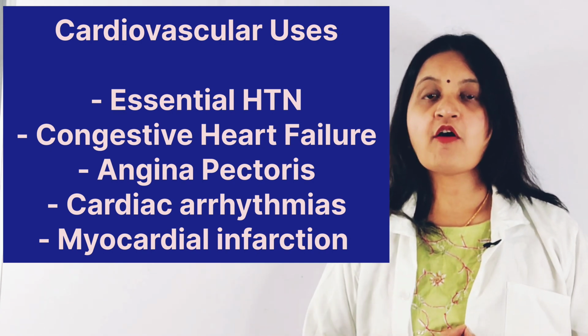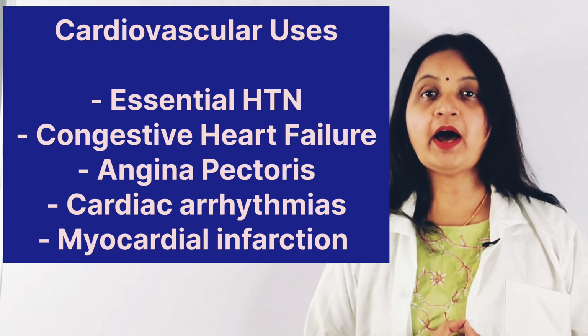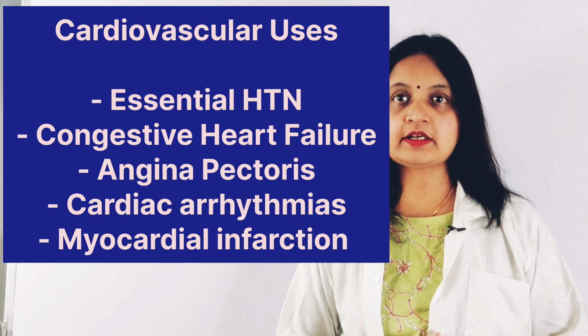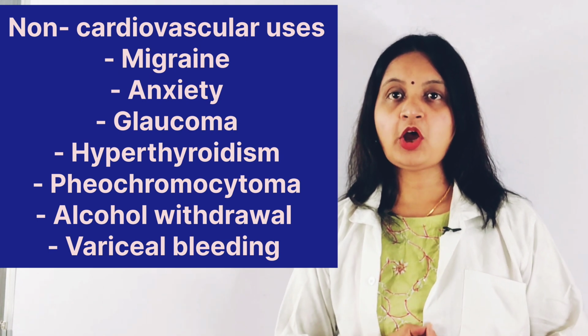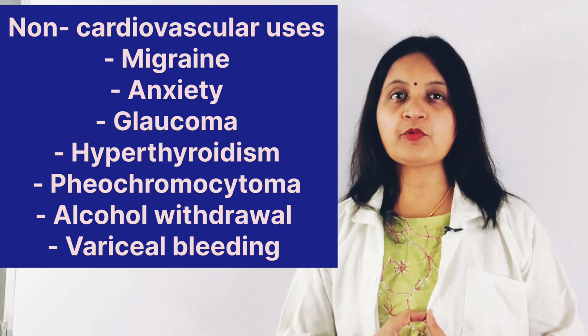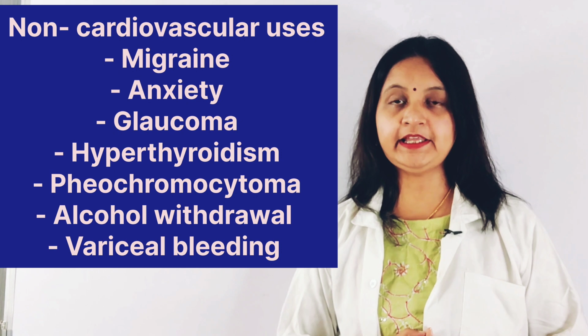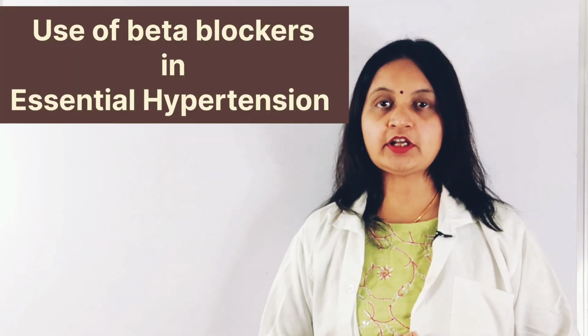Angina pectoris. 4. Cardiac arrhythmias. And 5. Myocardial infarction. The non-cardiovascular uses of beta blockers are migraine headache, anxiety, glaucoma, hyperthyroidism, pheochromocytoma, alcohol withdrawal and variceal bleeding.